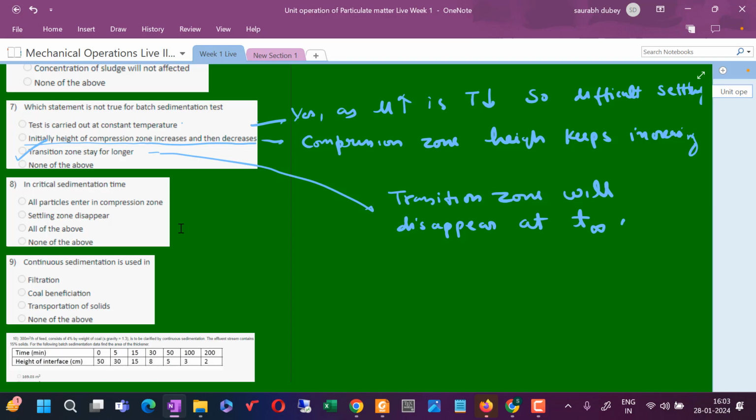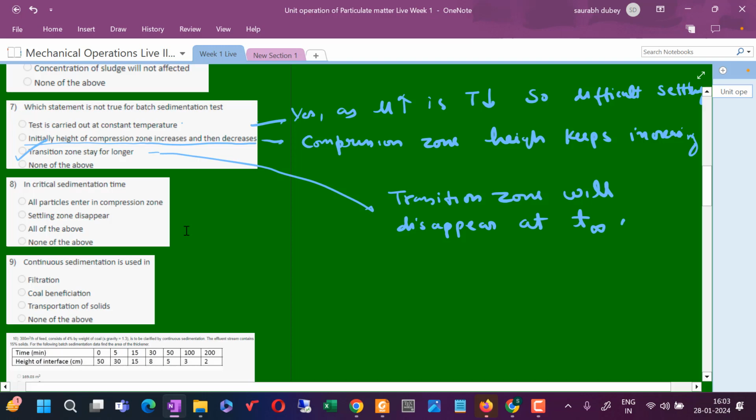So the critical sedimentation time is the one required for adequate sedimentation, and at this critical time all particles enter the compression zone.